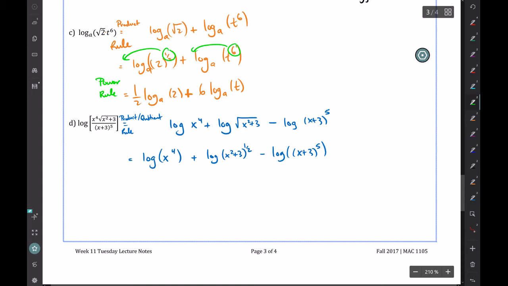Now I'm going to use power rule. So I'm going to bring those powers out front. Okay, so that's 4 times log of x plus 1/2 log of x squared plus 3 minus 5 log of x plus 3.